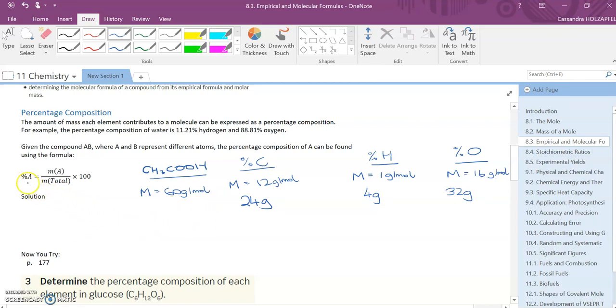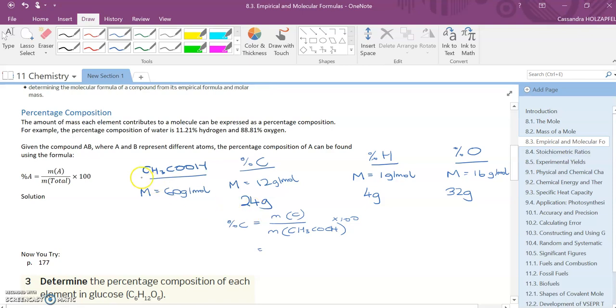So what I want to do is work out the percentage composition of each of these different elements. So the percentage of carbon is going to be equal to the mass of carbon divided by the mass of the total compound, which is CH3COOH, times 100. Next, I'm going to substitute in those values.